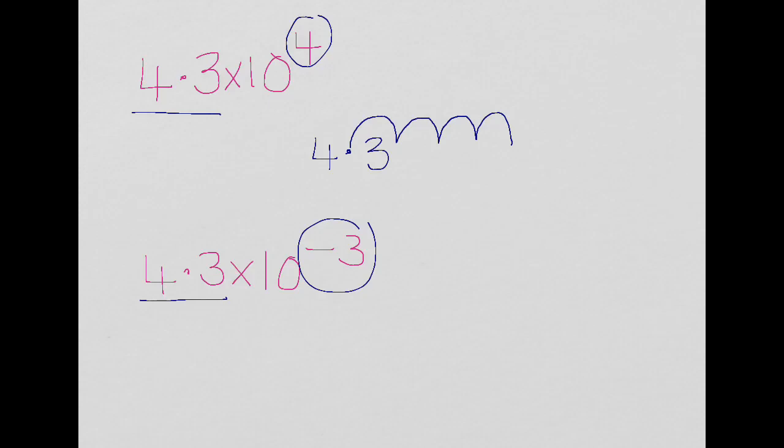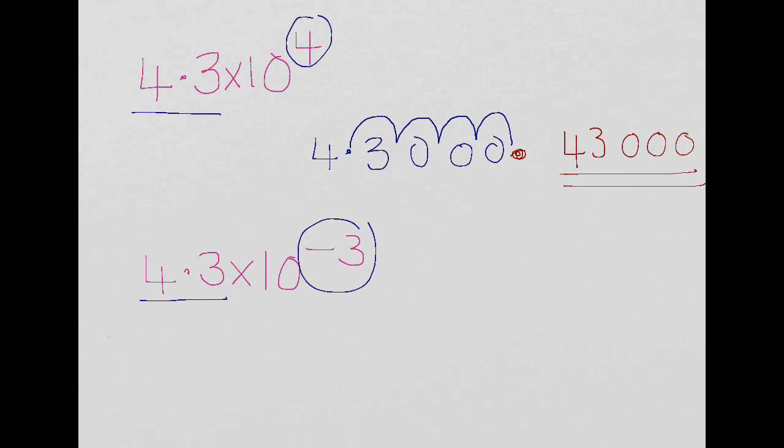In the gaps I can fill those with zeros, and here would be where the decimal point is. So written as an ordinary number, that would become 43,000. So that's my actual answer.